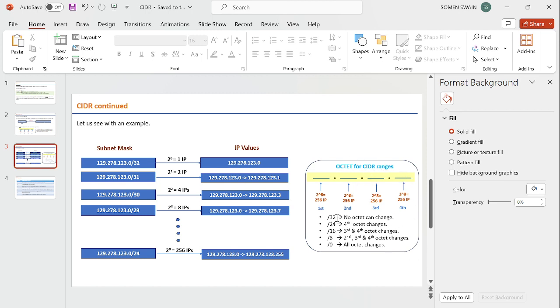As I was explaining, we have a lot of octets, and against each octet, what can be the maximum values? Octets are like a group of numbers which vary from 0 to 255, and those numbers are divided into four sections, and that comprises an internet IP.